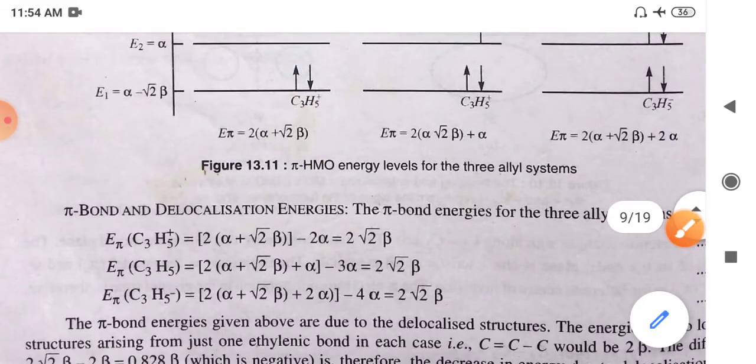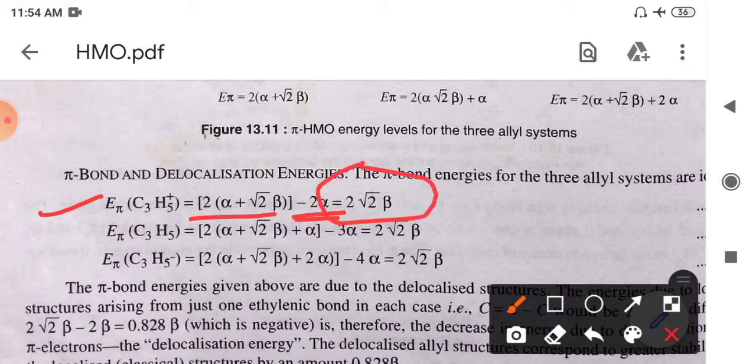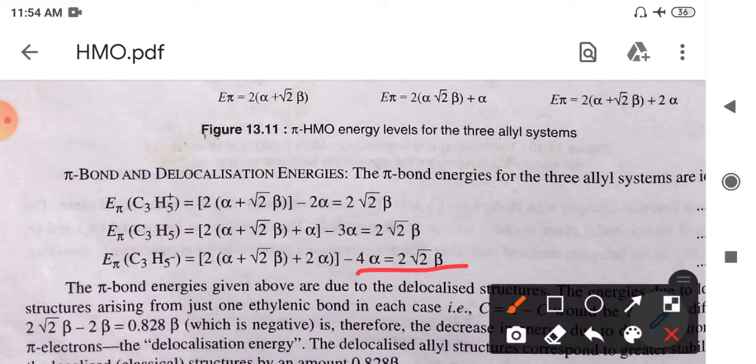Here E pi is 2 times, because there are 2 electrons, the alpha minus root 2 beta minus 2 alpha. There are 2 electrons, so this value will be 2 alpha. So my answer is 2 root 2 beta. Now for the radical system it is again 3 alpha, so my answer will be again the same. And for the carbanionic form it again comes out to be the same value.